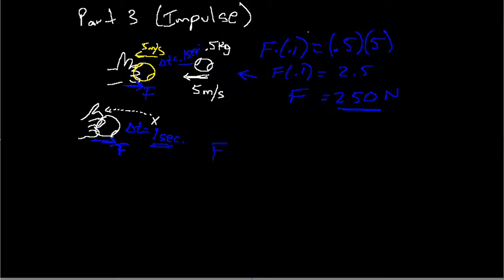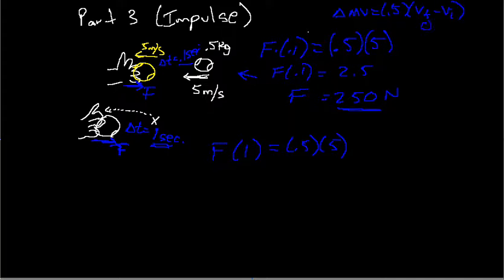Your force over here times 1 second is equal to the same change in momentum here, which is 0.5 times 5. Why am I saying this? This is my change in momentum, because my change in mv is equal to 0.5, my mass, times my change in velocity, v final minus v initial.